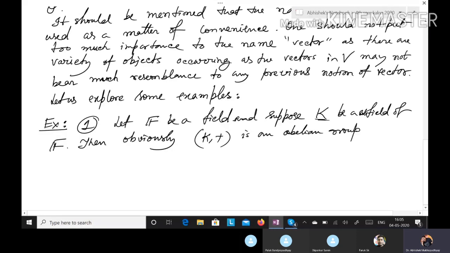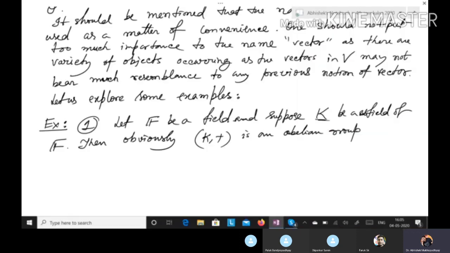You do not need to check this because it is a subfield, so it is itself an abelian group. And now considering the multiplication induced in K as the scalar multiplication, one can show that K forms a vector space over F.